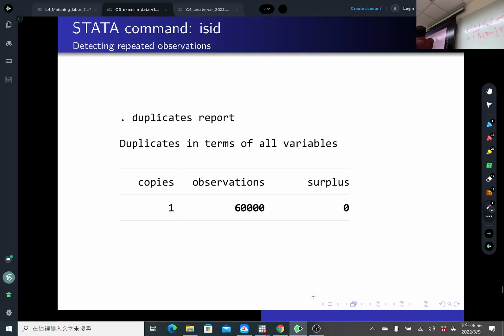Usually, if your data is correct, observations should be uniquely identified in terms of all variables, so there will be 1 copy. If not, it's possible your data have some problem, because that means two observations share the same value of all variables. That's very strange.